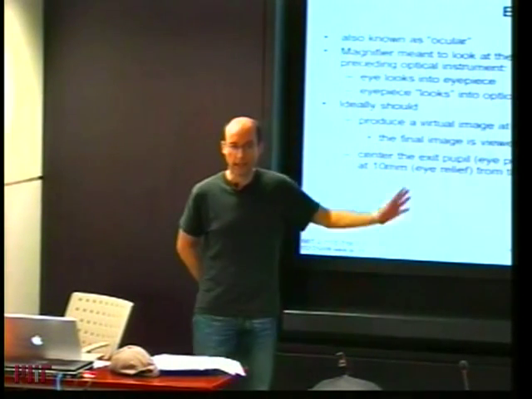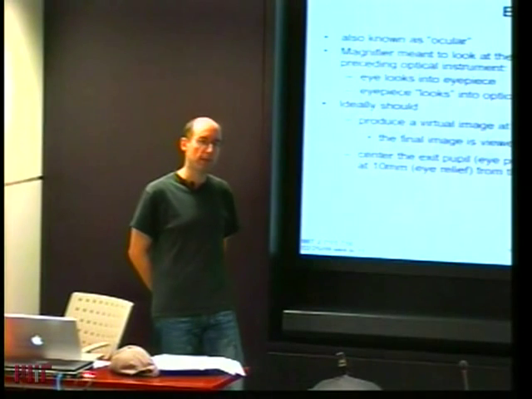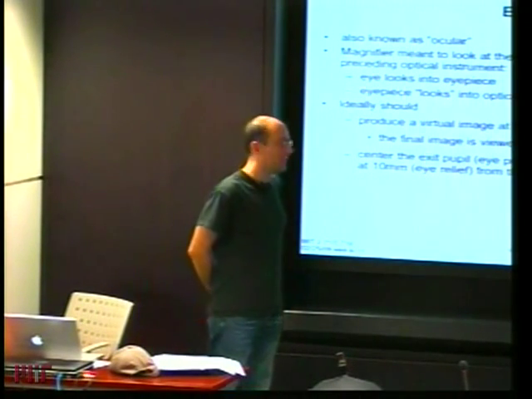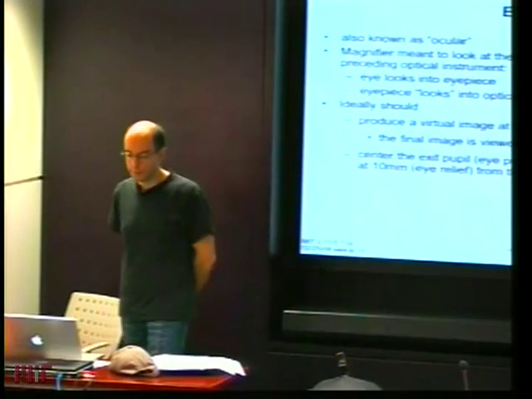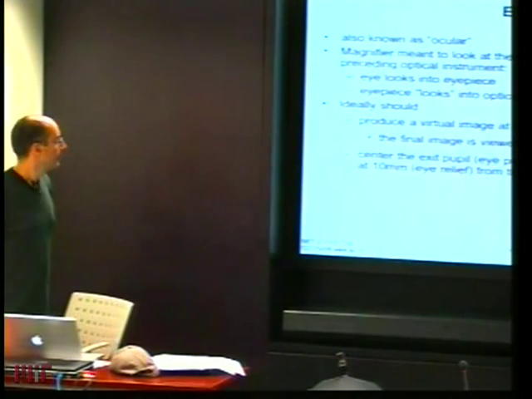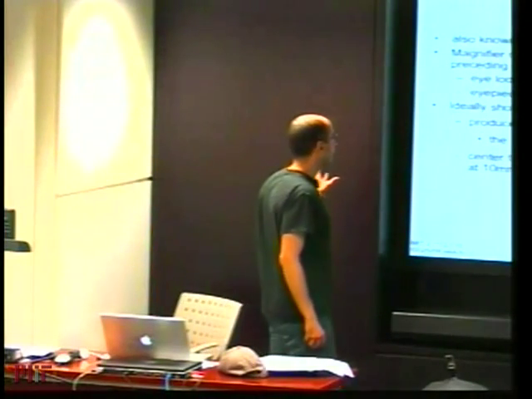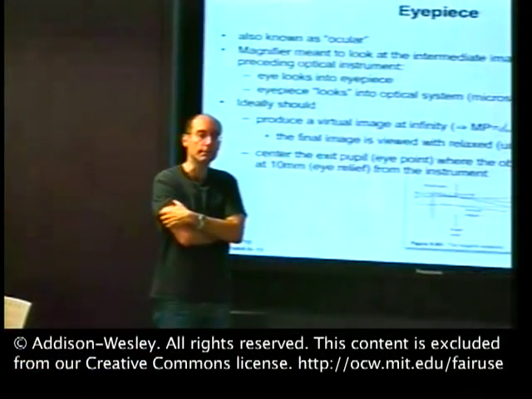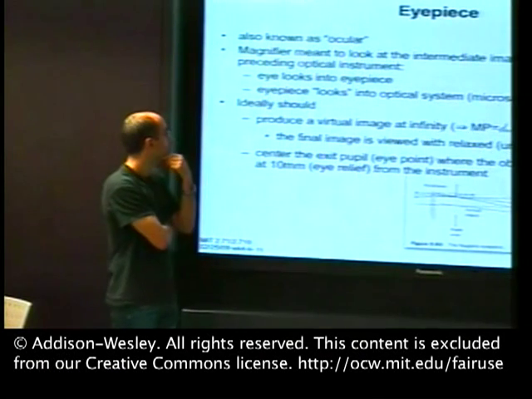So really the situation here applies to digital imaging as well as human, as well as instruments meant to be used by humans. So the eyepiece is basically the last element in the instrument, just before you get to the actual observation stage.